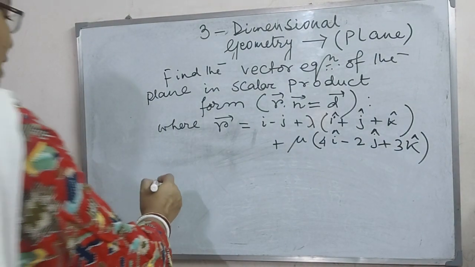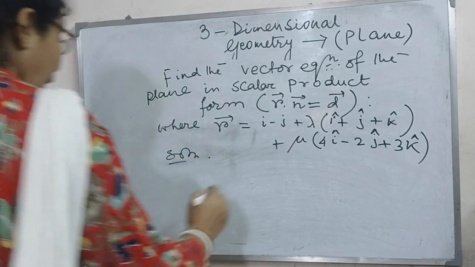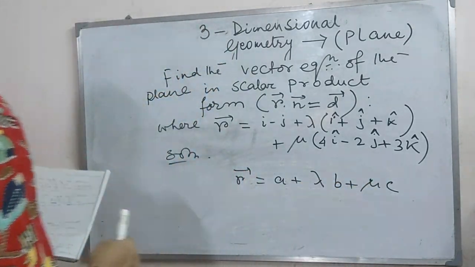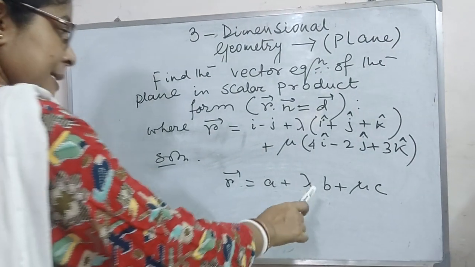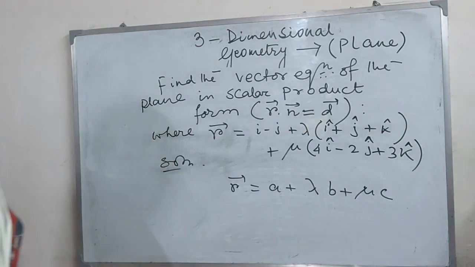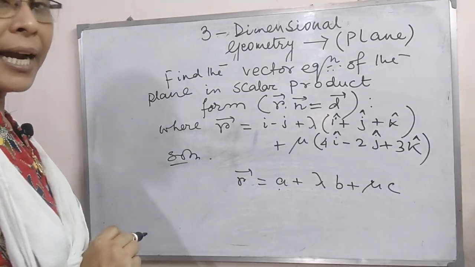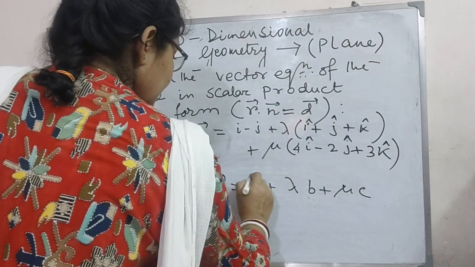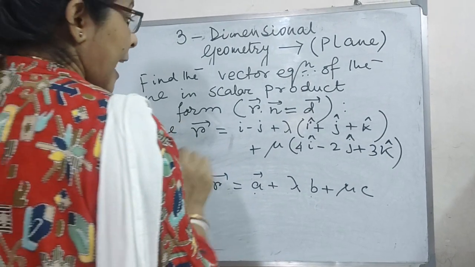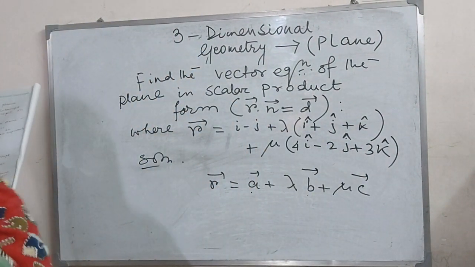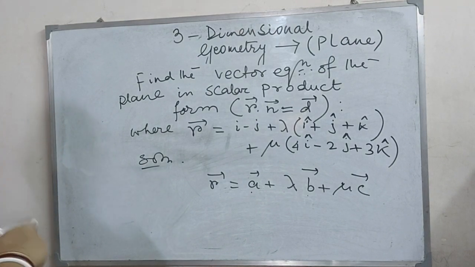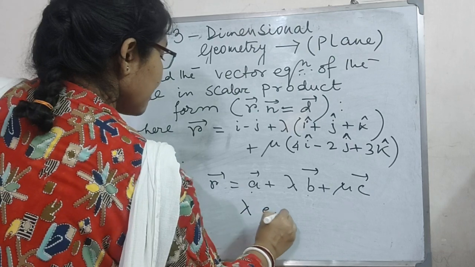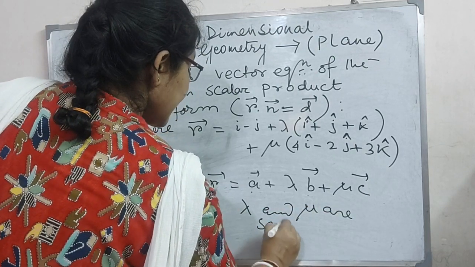We know that the equation, this is the solution part, r equal to a plus lambda b plus mu c represents a plane passing through a point A whose position vector is a and parallel to the vectors b and c, where lambda and mu are scalars.